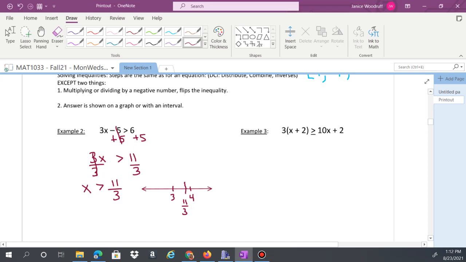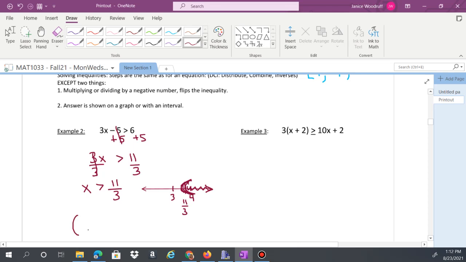All right, are we getting a parentheses or a bracket here for the 11/3? Parentheses, and that's going to be facing which direction? The right, good. Okay, so parentheses to the right, shade to the right. There's our graph. Not the best drawing.